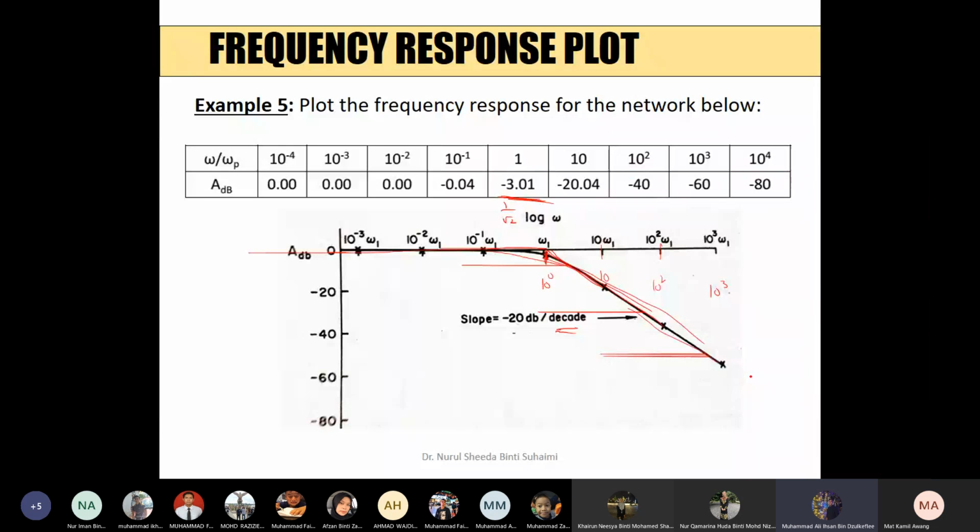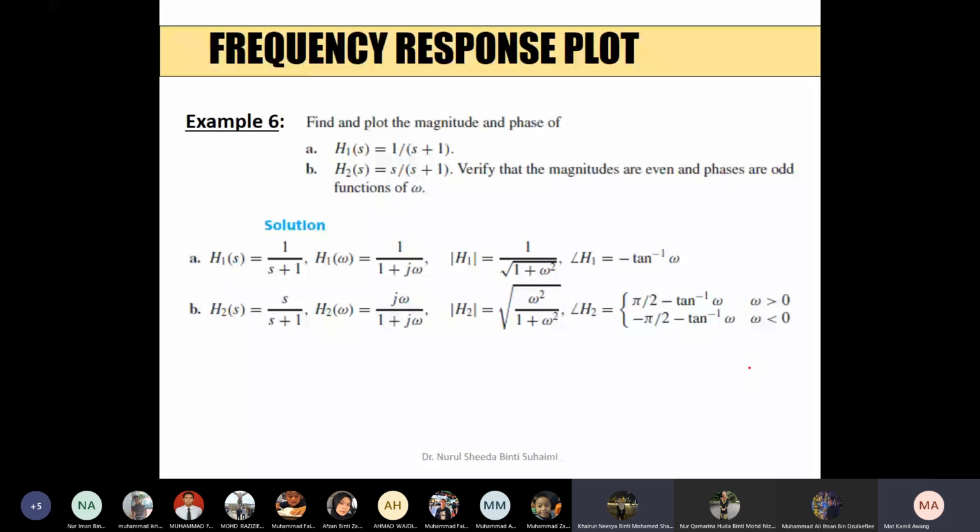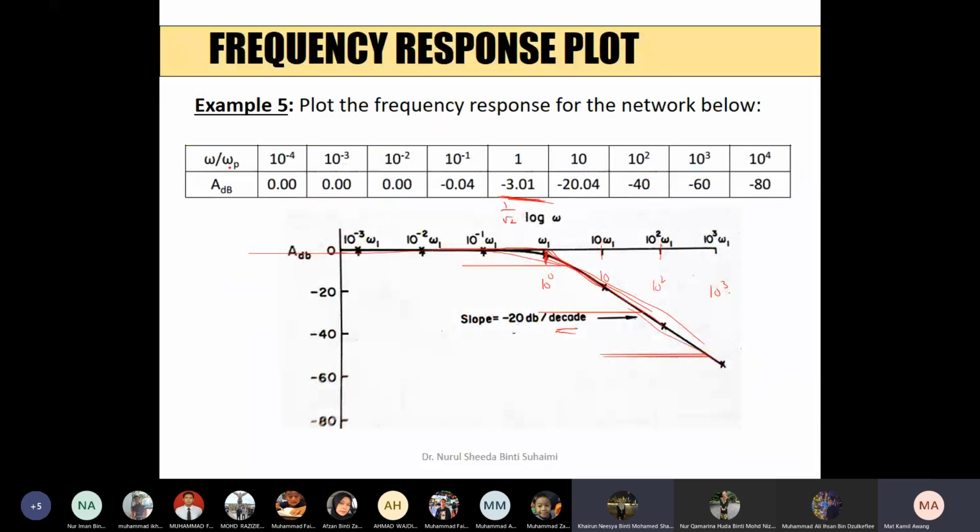Okay. So where do you get the value of omega over omega P from? Omega P is equal to what was the original?